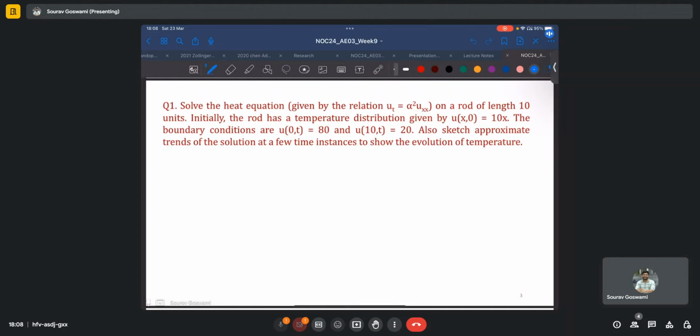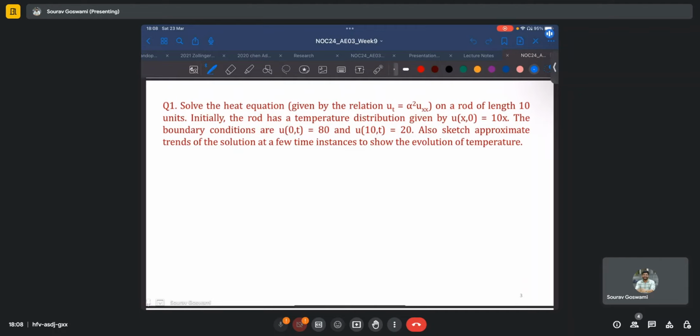We also looked at the Laplace equation and at Neumann and Dirichlet boundary conditions. We also examined the situations under which a Neumann problem may have a solution and conditions under which it may not. So just as a prelude to this session, we'll first solve a heat equation question.